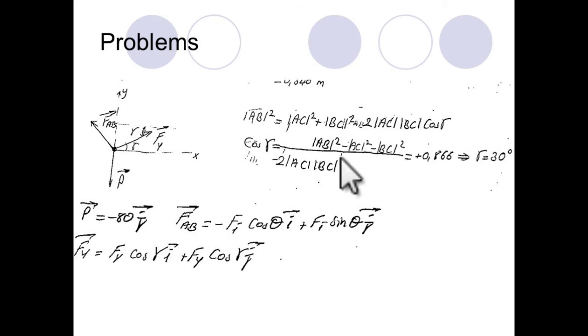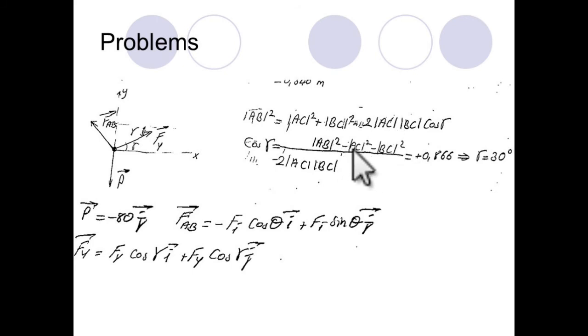So from here I can calculate cosine gamma. Let's write the cosine theorem: AB squared is equal to AC squared plus BC squared minus 2 AC multiplied by BC multiplied by cosine gamma. From here I can calculate cosine gamma by rearranging this expression.